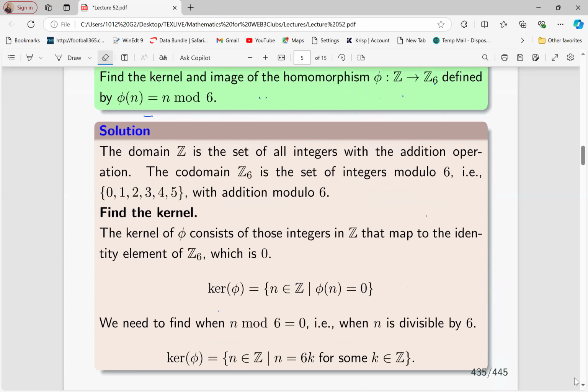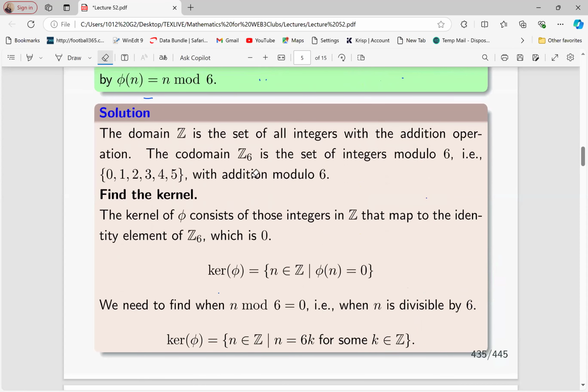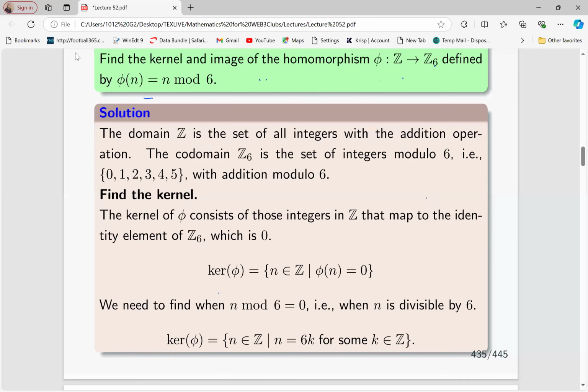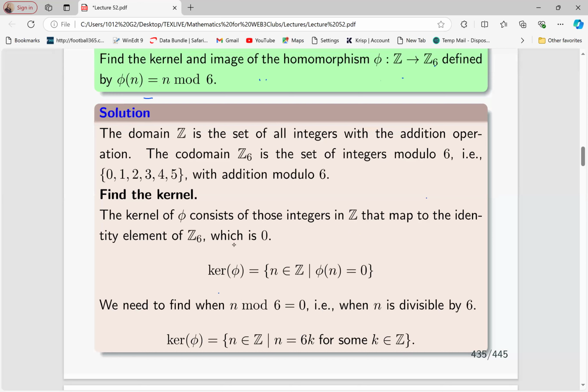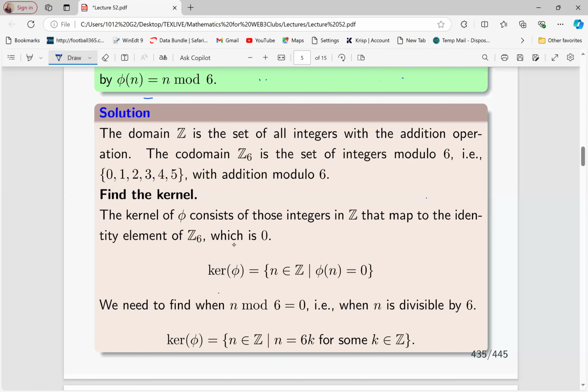So the ones which will map to the identity are those which are multiples of 6. That's why I said, for us to find the kernel, we need to find numbers which on division by 6 would give you a remainder of 0.